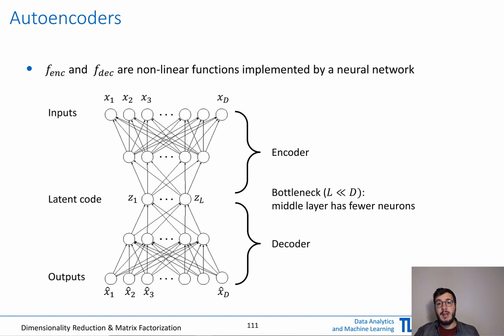So the bottleneck layer actually does two things. For one, it prevents the neural network from learning the identity, which would be useless, but at the same time, it can serve as the low-dimensional representation of the input. So as you're passing the input through the neural network, the output at this bottleneck layer is exactly what you're going to use as the low-dimensional representation of the data.